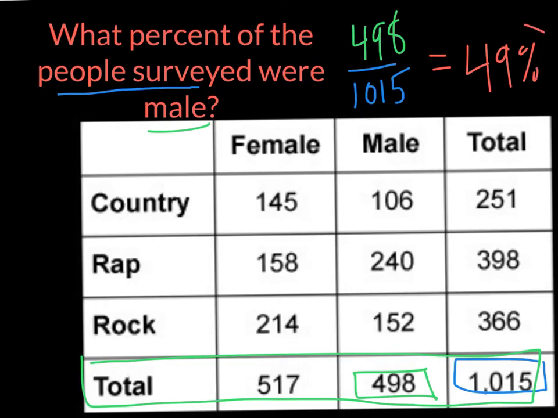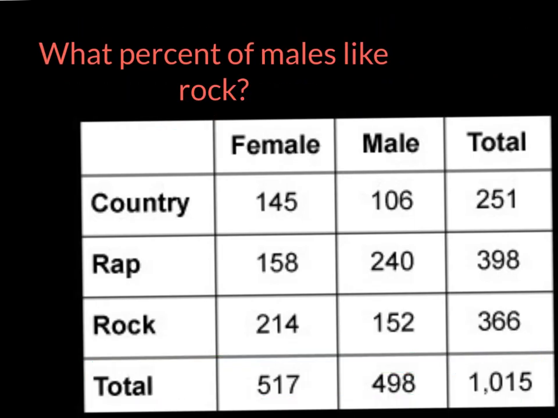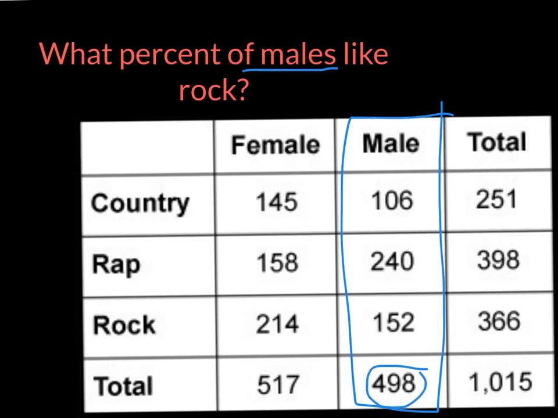So almost half of the people surveyed were male. And then this last one wants to know what percent of males like rock. So I need to know what is my part and what is my whole. So of males, that's my whole. So of males, the total number of males was 498. So that's my denominator.